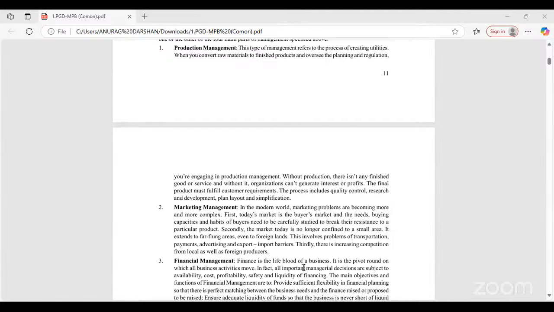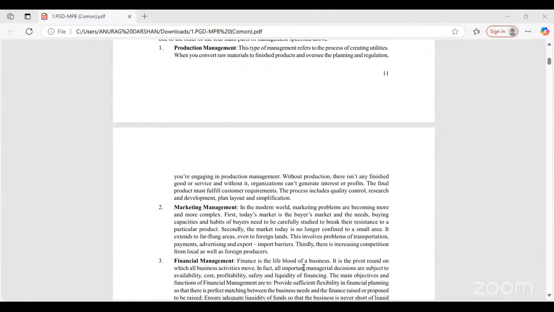And moreover, convincing a buyer is a very difficult task. You manufacture the product, you give the product. Is it necessary that every product entering the market will be purchased by the consumer? No. A consumer is very, very choosy. He will look at five products, compare the main product with the competitors, with the substitutes, and then make a decision whether to buy or not to buy.